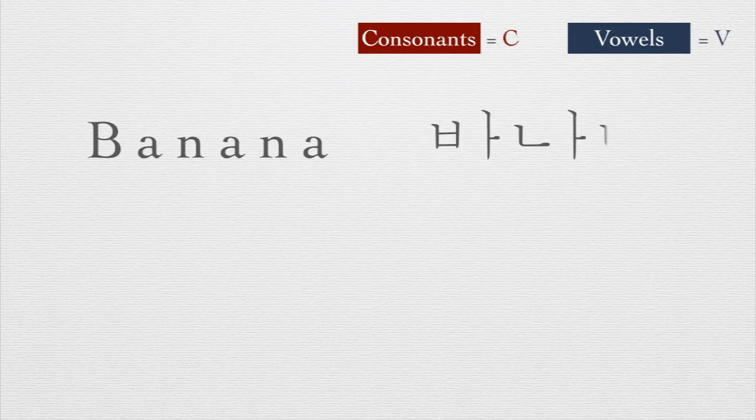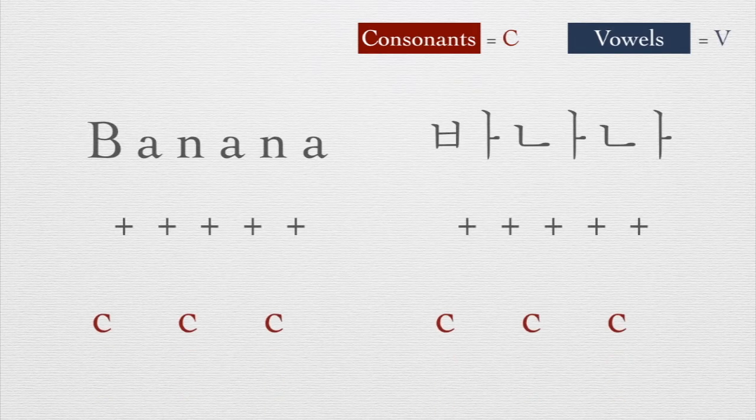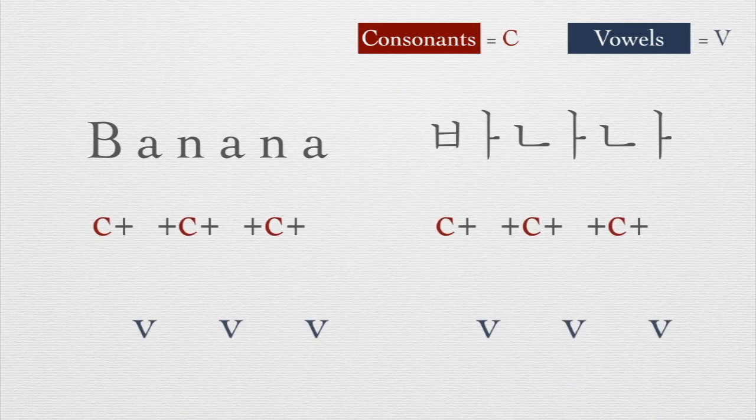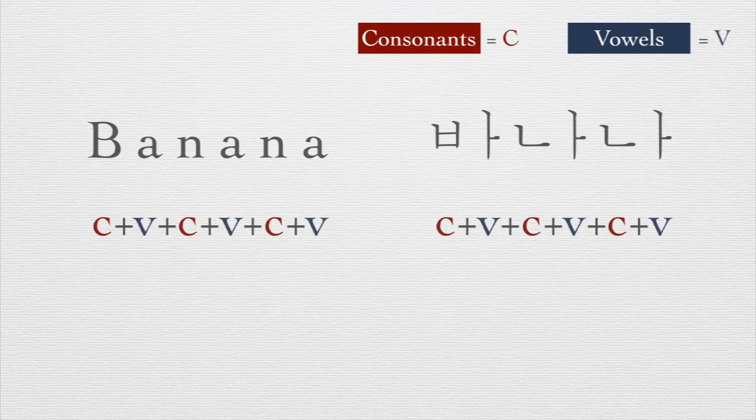As I briefly mentioned in my Hangul introduction lesson, to make the word banana in English and Korean, you need both consonant and a vowel. To make things easier for this lesson, I will use only the vowel a.